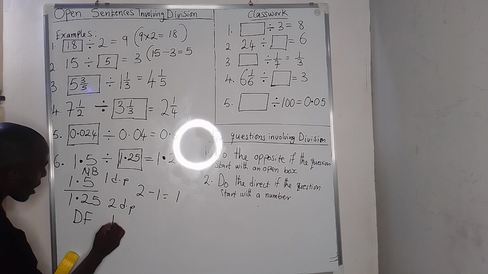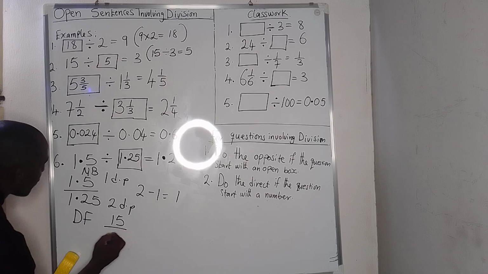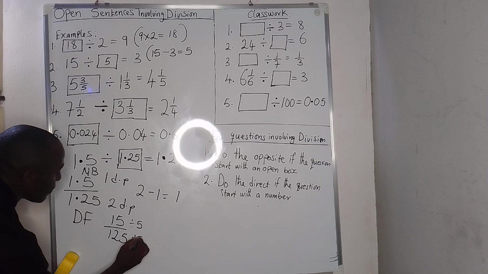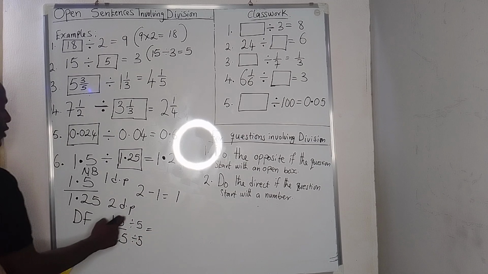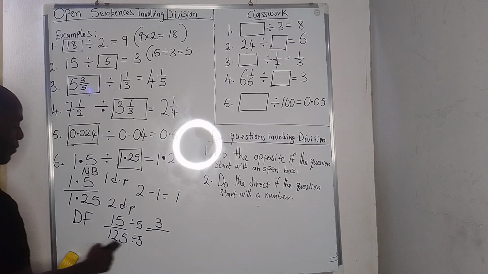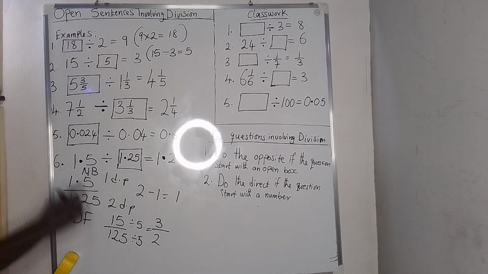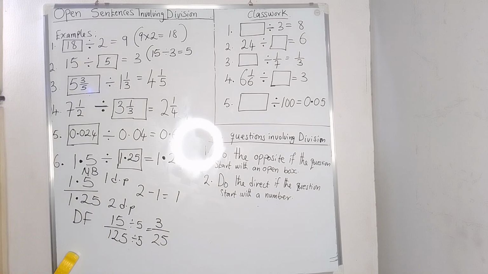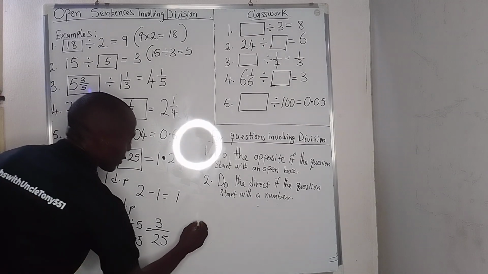So we have 15 divided by 125. 5 can divide both. 15 divided by 5 is 3. 5 into 125 gives us 25. Remember, 5 into 25 is 5. So can we do the long division?